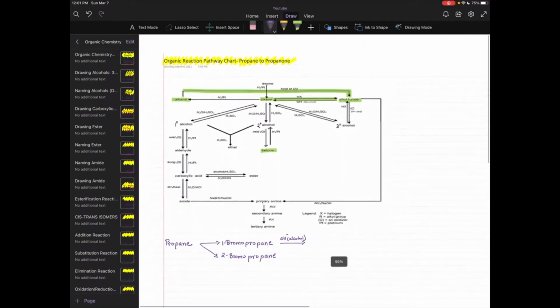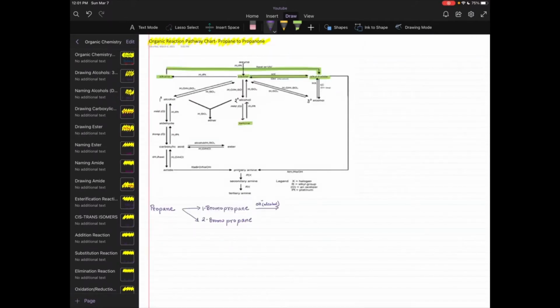The source of OH minus could be an alcohol or a base. In this case, we are using alcohol, and this will help us convert our 1-bromopropane into an alkene, which would be propene. The same thing with 2-bromopropane: same conditions, OH minus from alcohol, and it will convert into propene. Now we have converted our alkyl halide to an alkene.